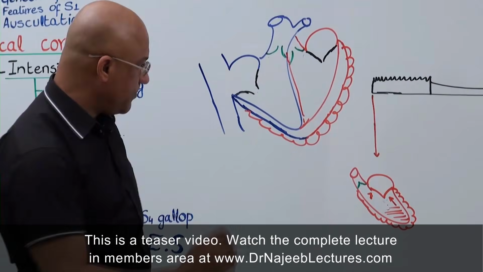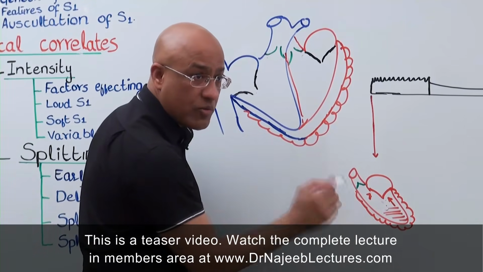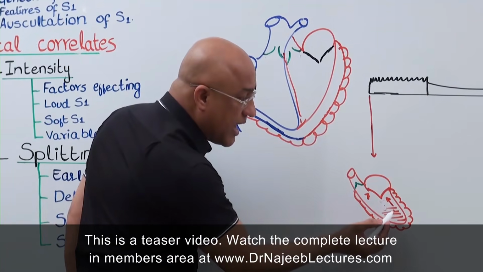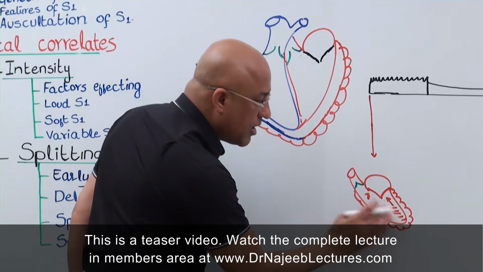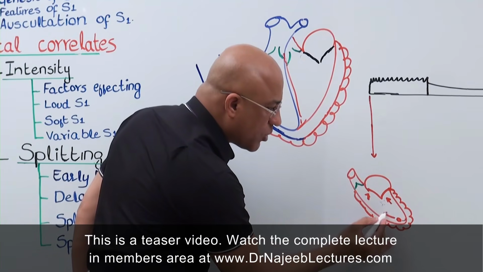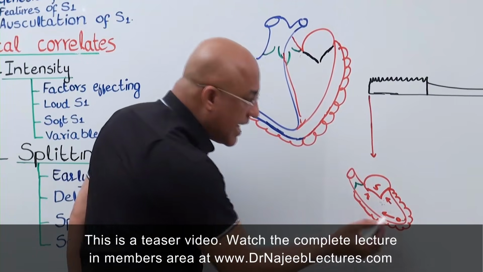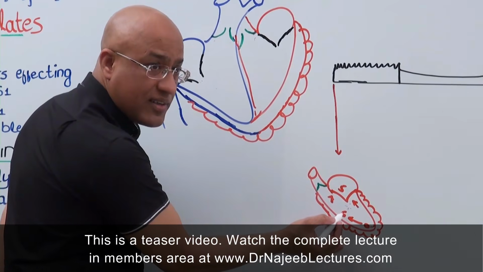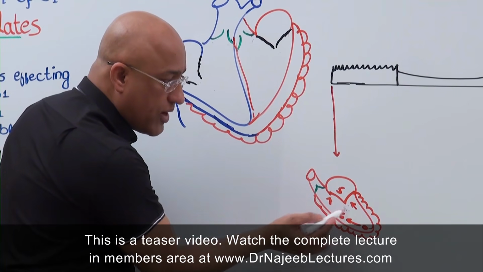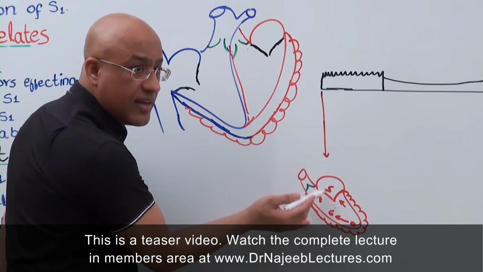Again, I will repeat. When ventricular systole starts, intraventricular pressure starts rising. For example, from 0, pressure is going up. If pressure here is 5 millimeters of mercury, as soon as here it is 6 millimeters of mercury, blood from the ventricular chamber will love to go back to the atrium.